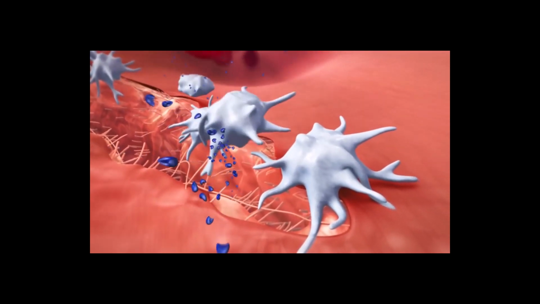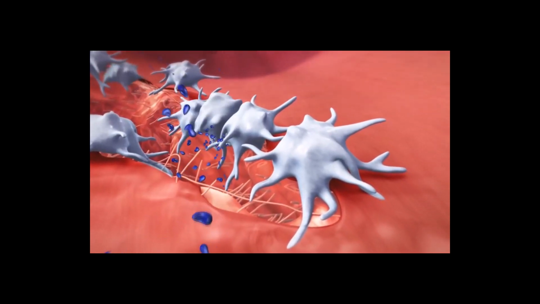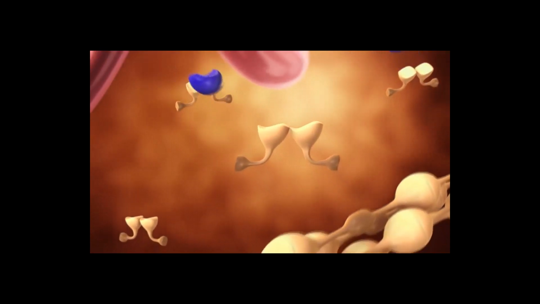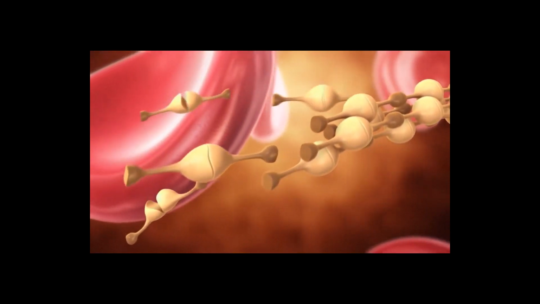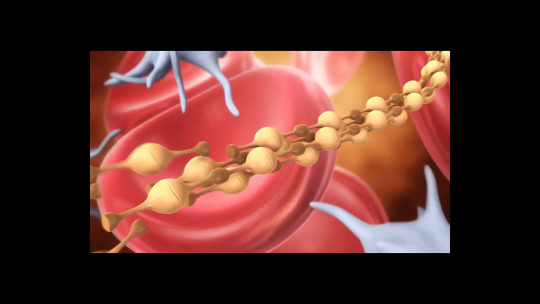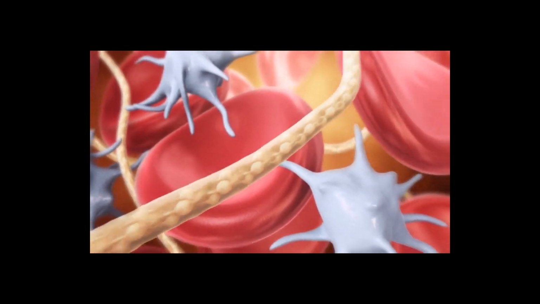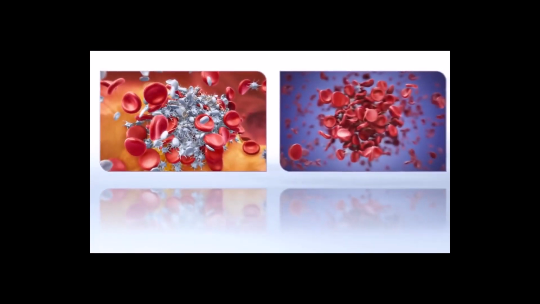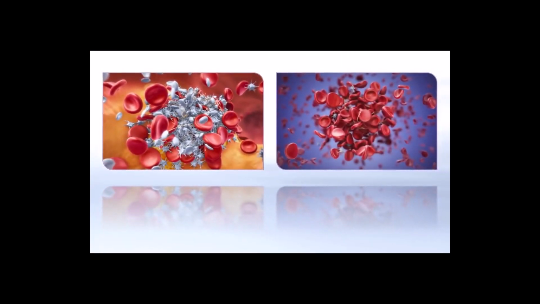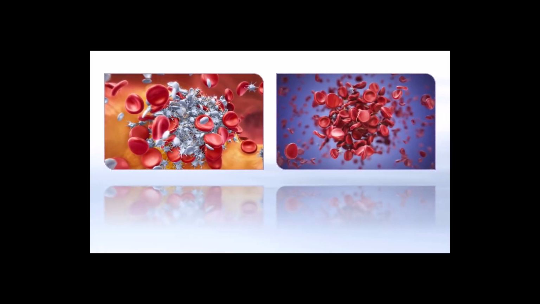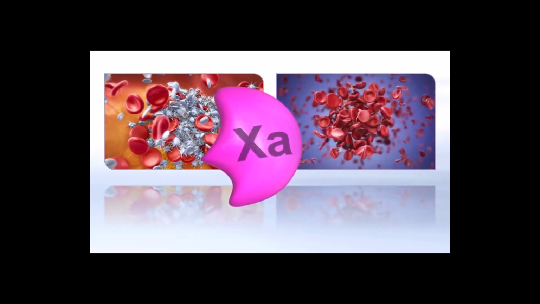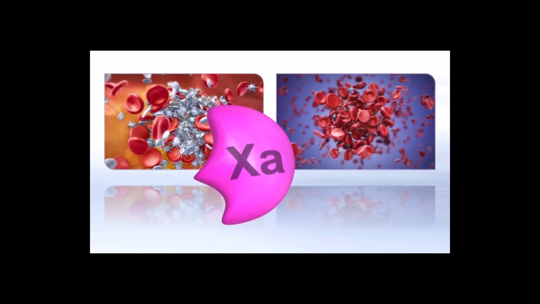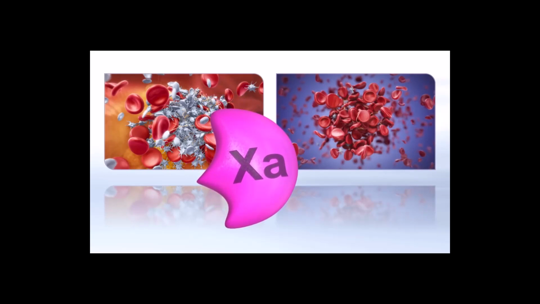These large amounts of thrombin cause the further activation of platelets and the enhanced formation of fibrin. Fibrin then forms strands, making up the mesh that stabilizes the platelet plug in an arterial clot and holds together the red blood cells in a venous clot. It can be concluded that the central role of factor Xa in the coagulation cascade makes it a viable target for therapeutic intervention in pathologically altered blood coagulation.